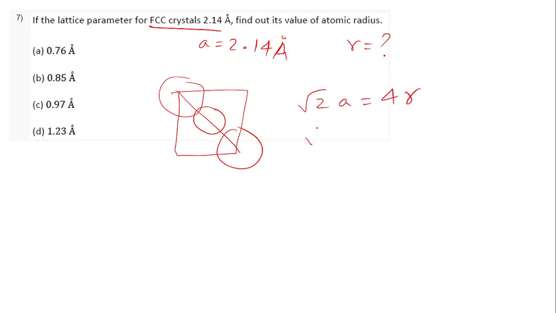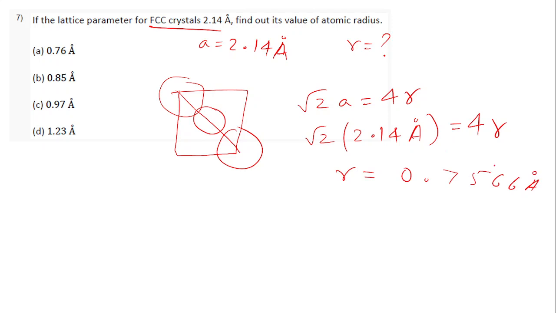A we know it is 2.14 angstrom. So R I can find out, multiplying this I'll get 2.14 times root 2 divided by 4. So R will be 0.7566 angstrom. Here the closest matching answer is this, 0.76 angstrom.